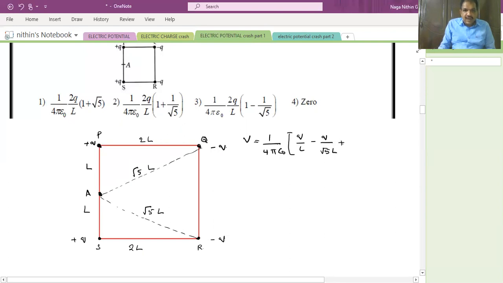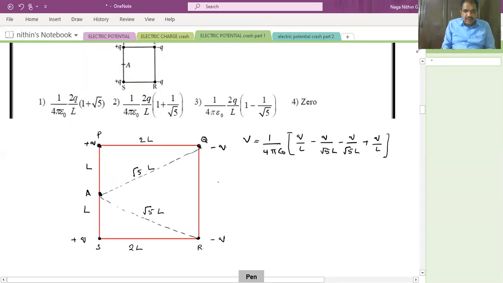Because of R, here what we will get? Minus Q by root 5 L. Here again because of S, Q by L. So that is the net potential. Okay.